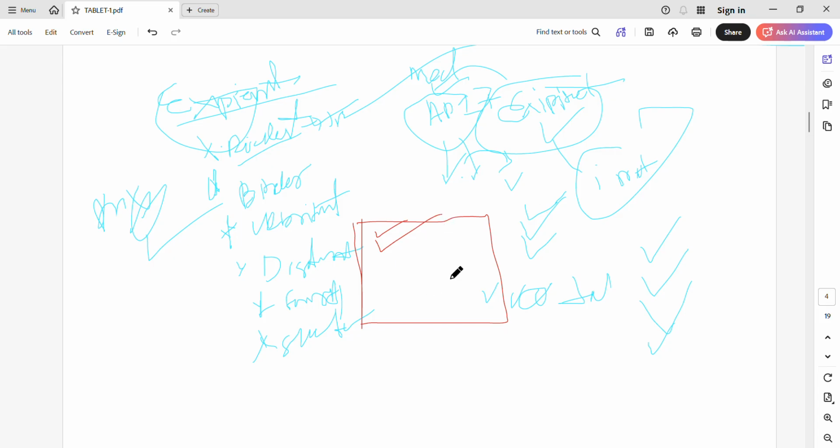What happens when we use lactose diluent in the preparation of the tablet is that amine-containing drugs react with the lactose. For example, the amine-containing drug isoniazid, which frequently comes in our GPAT exam. Okay, isoniazid.